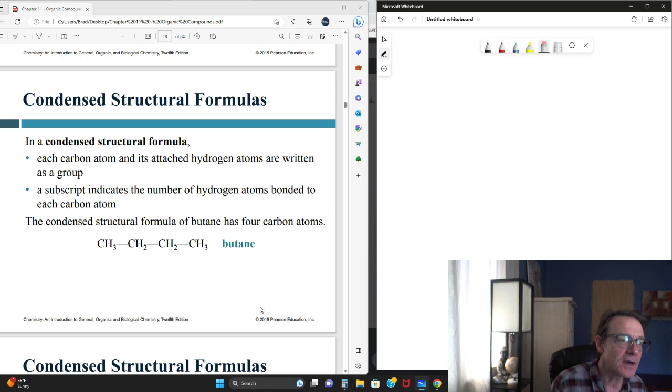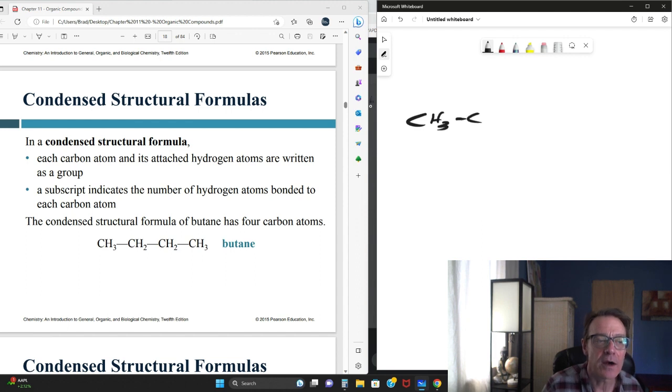So a condensed structural formula is when you take the carbon and the hydrogens and just write them, and then indicate the carbon to carbon bond with a line. So for instance, in butane, the condensed structural formula: 1 carbon, 3 hydrogens, 1 carbon, 2 hydrogens bonded to the next carbon and 2 hydrogens, and the last carbon with 3 hydrogens.